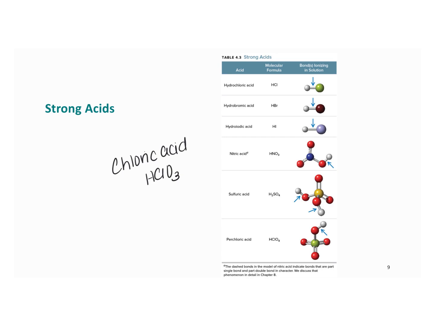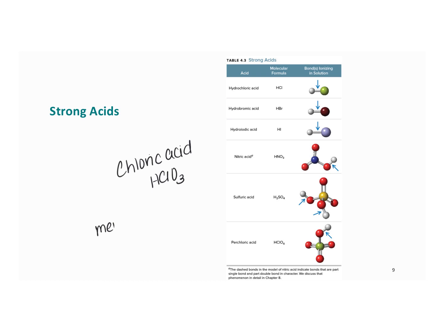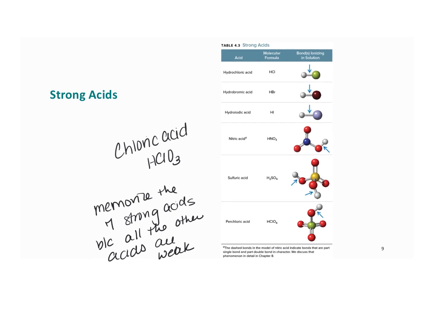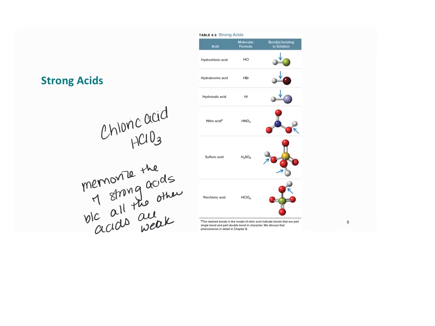So my suggestion is that you memorize these, because all the other acids are weak, and that will help you identify whether they're strong acids and therefore strong electrolytes, or weak acids and therefore weak electrolytes.